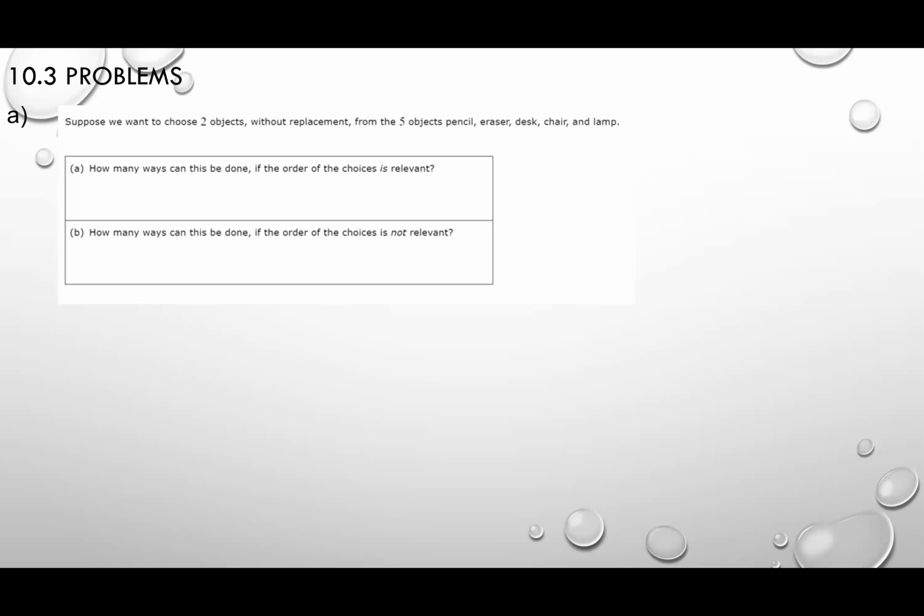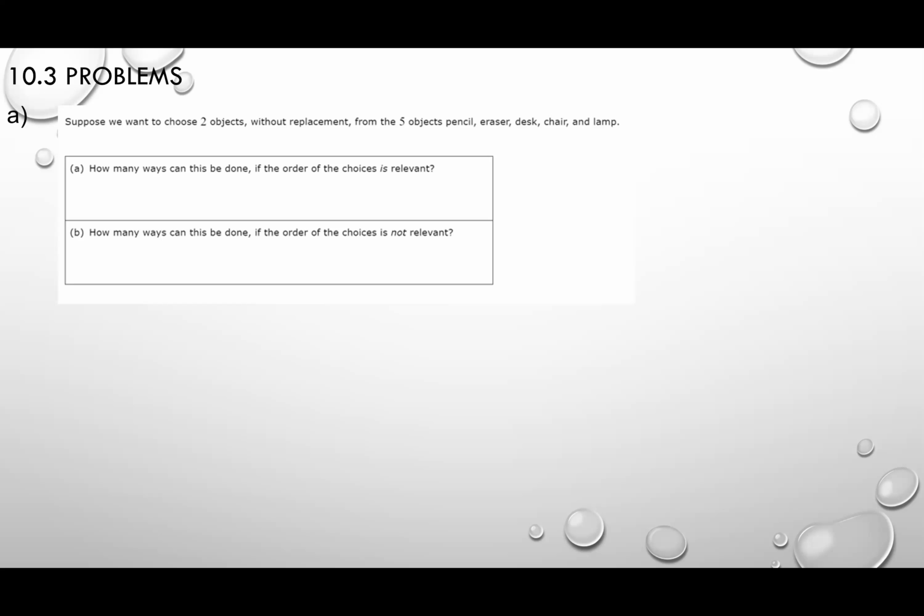And how do we determine permutation versus combination? Well, you need to ask yourself, does the order matter? If the order matters, then it will be permutation. If the order does not matter, then it's a combination.